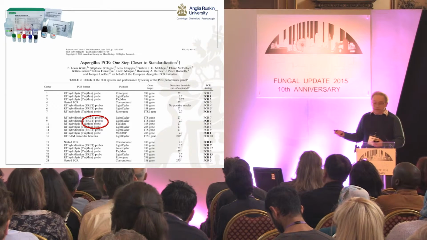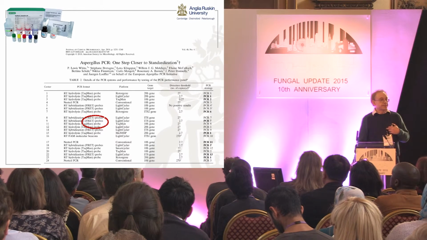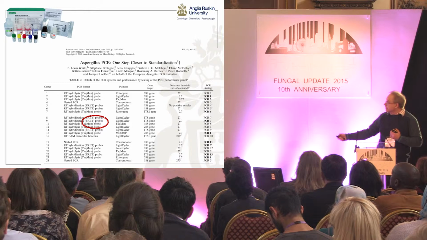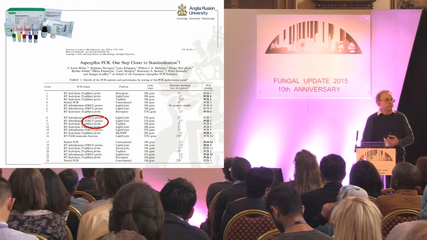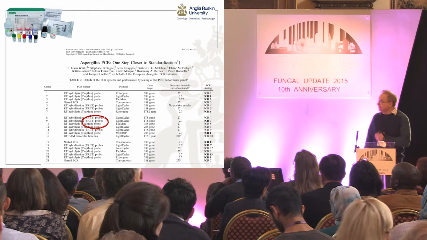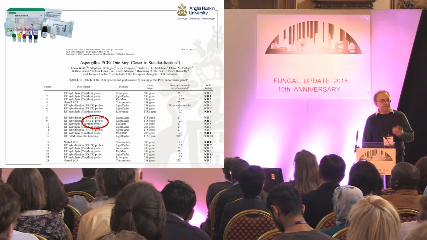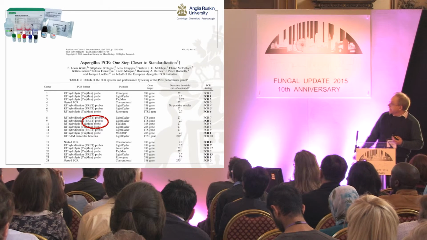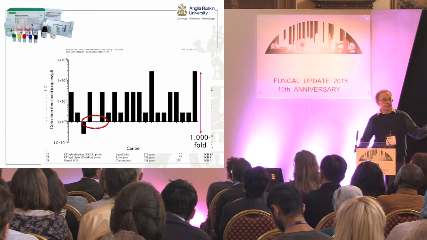And here's a very nice study, which is, I think, one of your studies. And to me, as a PCR person, and this is not just limited to your study, this is typical of what you find when people do comparative PCR analyses. There's a huge range of results of the sensitivity that different labs get. In this case, if you actually plot the data, there's a 1,000-fold difference between the best and the worst lab.